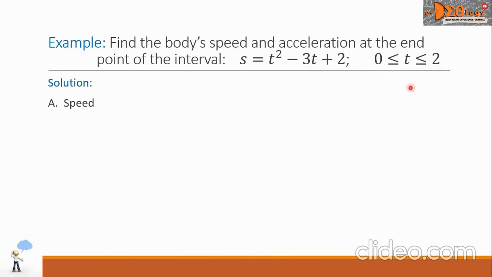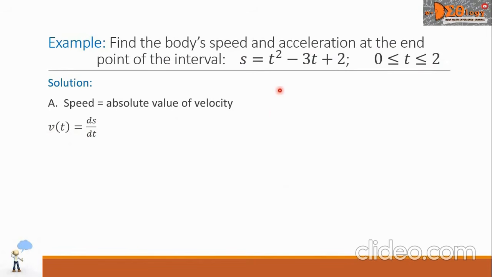For our solution, let us compute for the speed. By the way, we know that the speed is the absolute value of velocity. Our formula for velocity is v of t equals ds over dt.